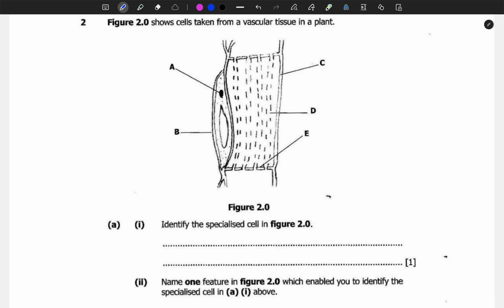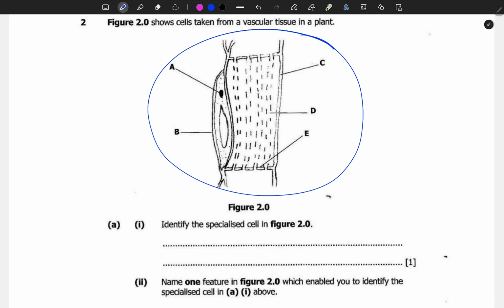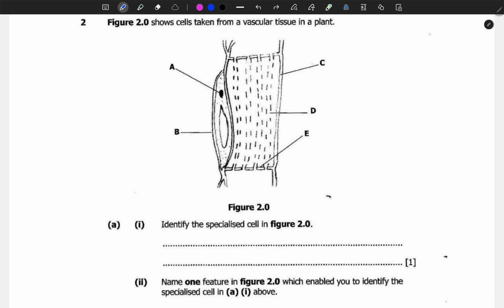Then we have some structures A, B, C, D, and E. Question A, Roman number 1, identify the specialized cell in figure 2.0. So this specialized cell, the whole thing here, is called a phloem.